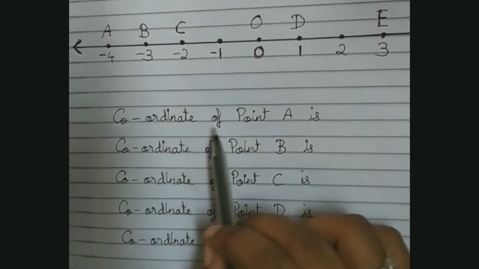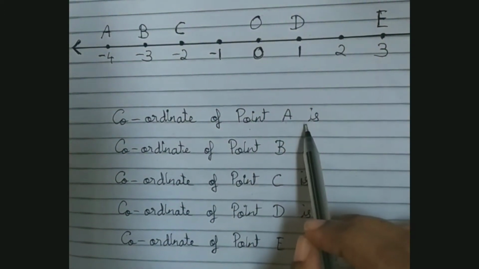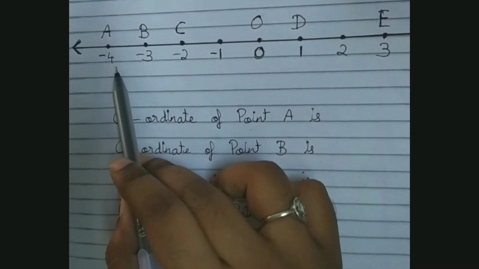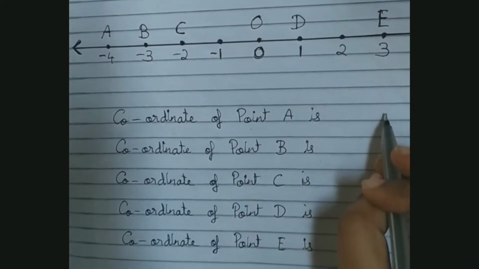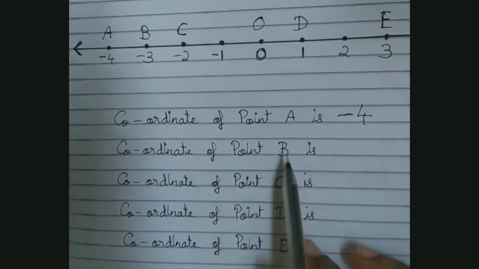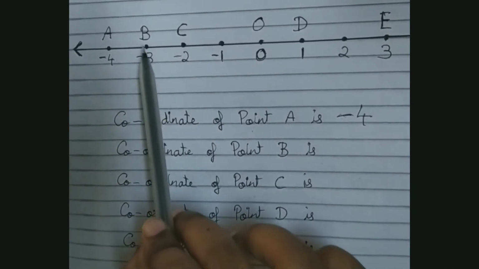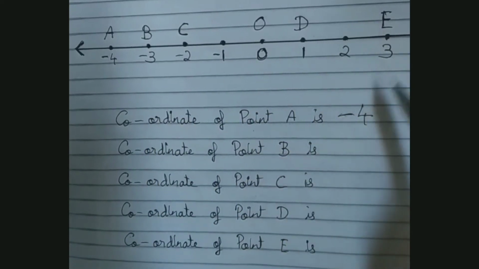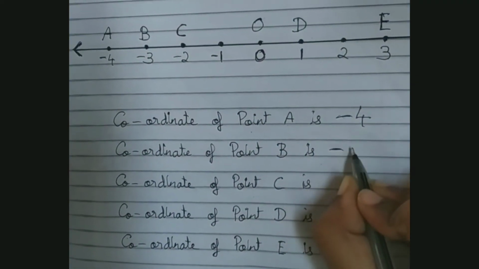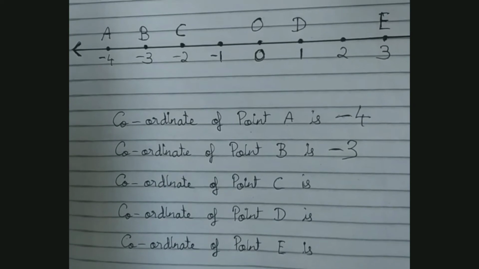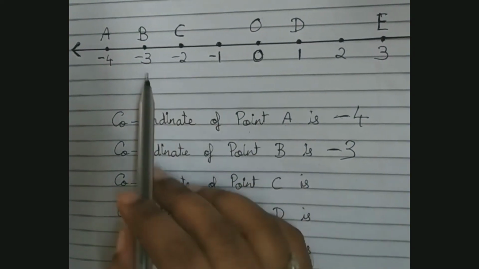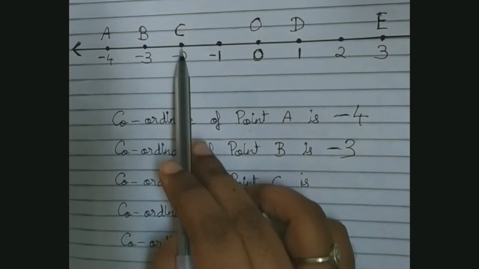See, coordinate of point A is denoting which number? Minus 4. So coordinate of point A is minus 4. Now coordinate of point B. B is denoting which number? Minus 3. Coordinate of point B is minus 3. Now coordinate of point C. C is denoting which number?